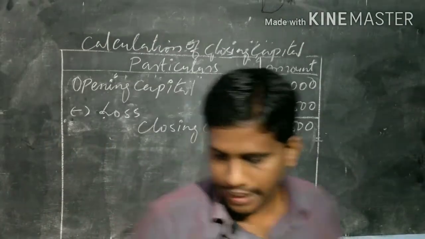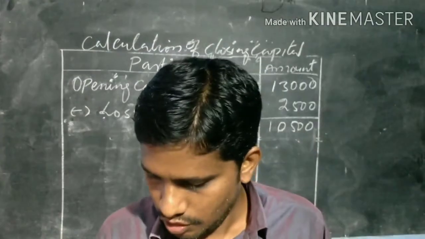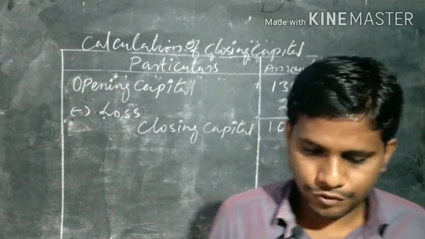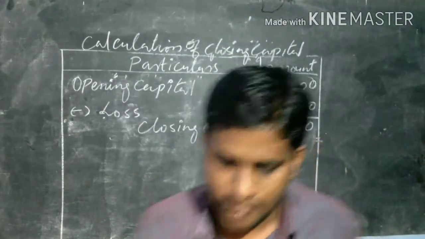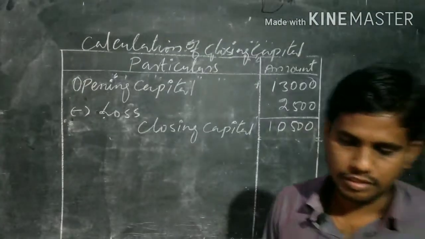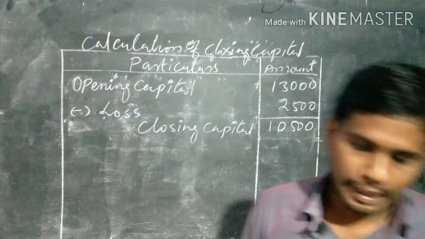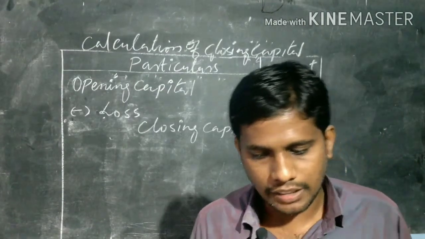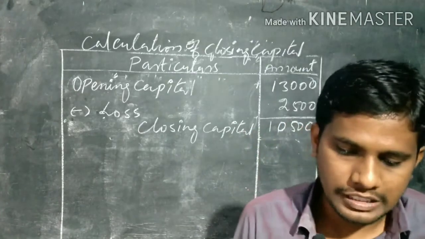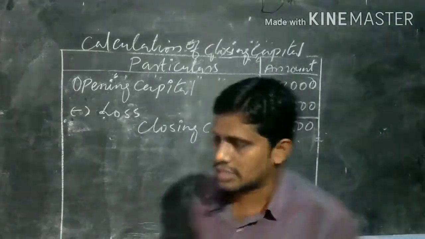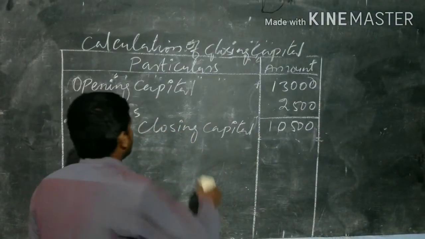Now we go for our next problem. The fourth one is easy, you can do it. We go for our fifth problem. Find out the closing capital, where opening capital is given as 9,800 and profit is given as 3,200. In the last problem, loss was given. In the current problem, profit is given.